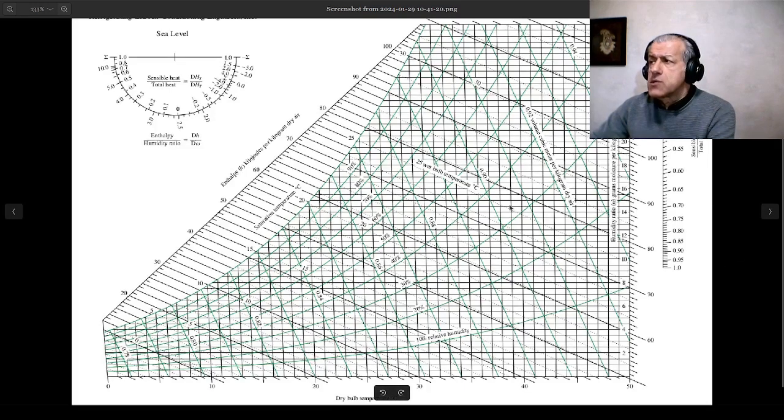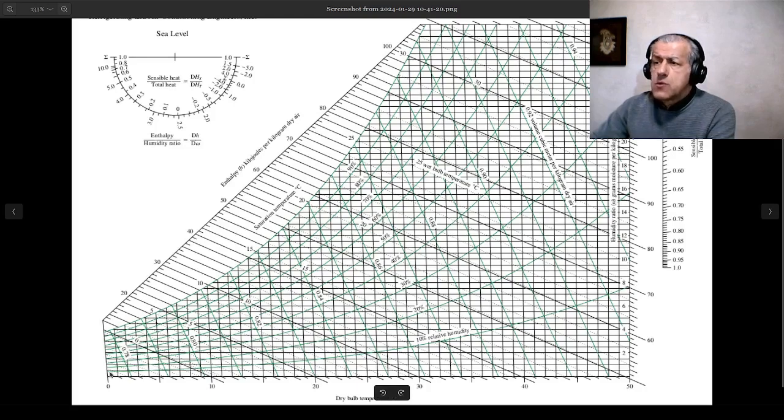This is a psychrometric chart, and as you know, the horizontal axis is the dry bulb temperature. It's in fact the temperature that we just were talking about. And these green lines are the humidities. So 10%, 20%, 30%, and go anywhere up to the 100%, which is the final green line. These are humidities.